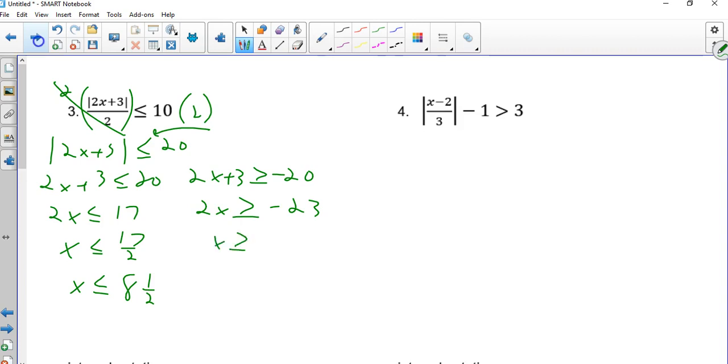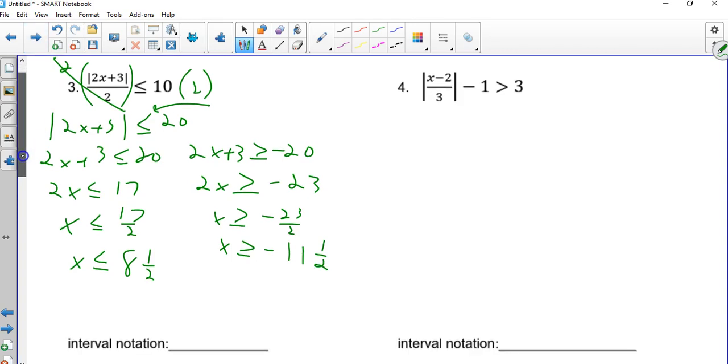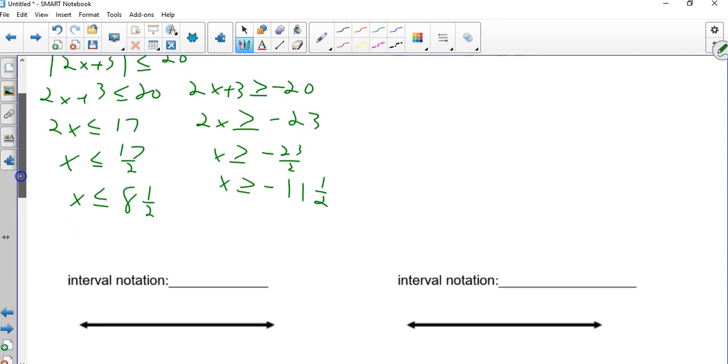We get x is greater than or equal to negative 23 halves. 2 goes into 23 11 times, with 1 left over. 2 times 11 is 22, plus 1 is 23. Now, it's less than or equal to 8.5, and greater than or equal to negative 11.5.